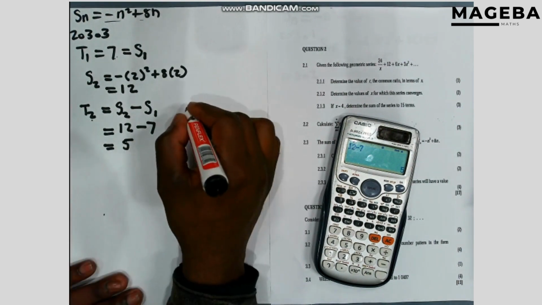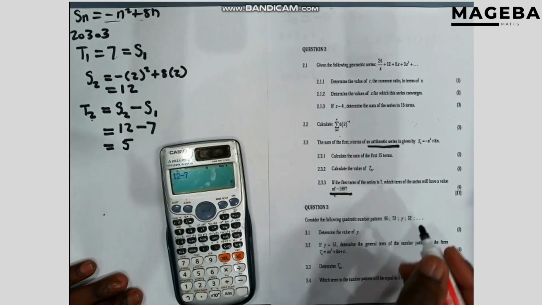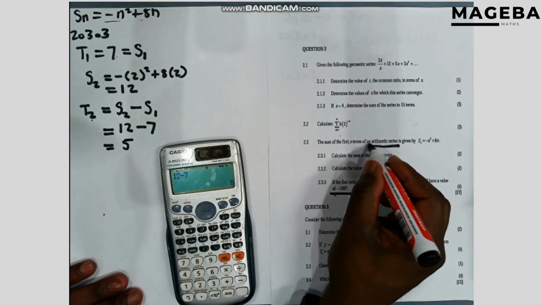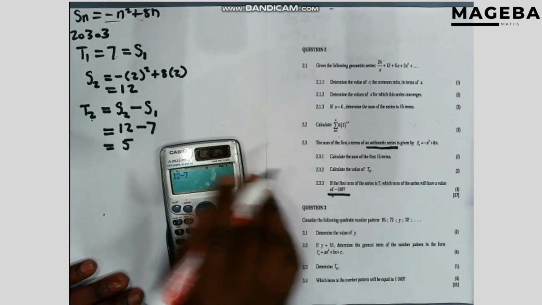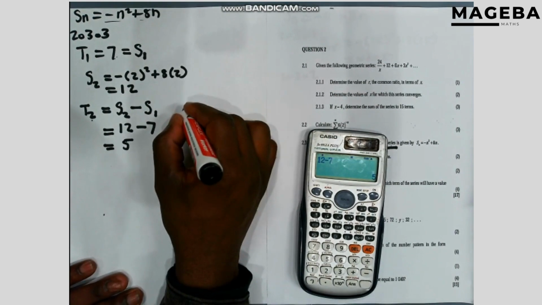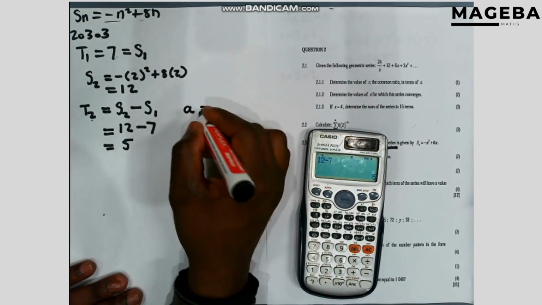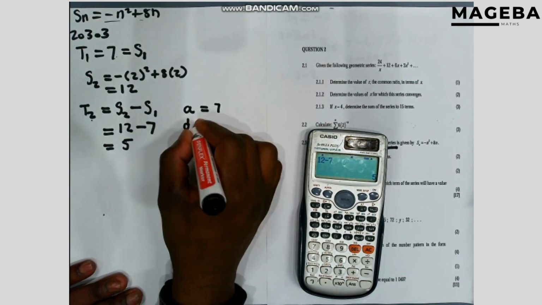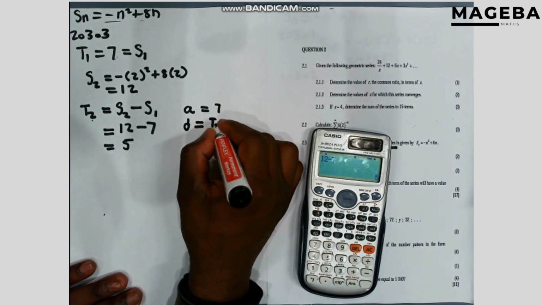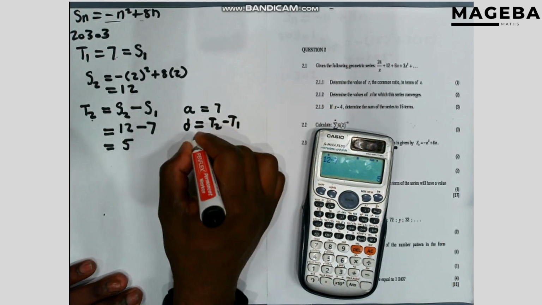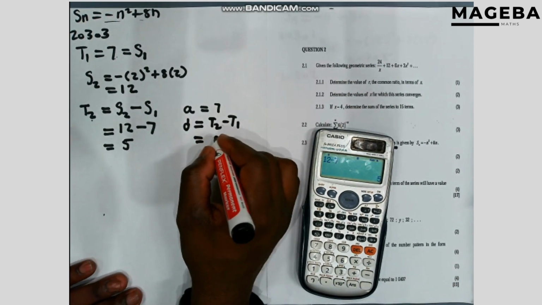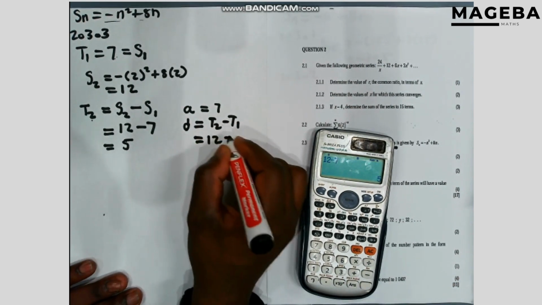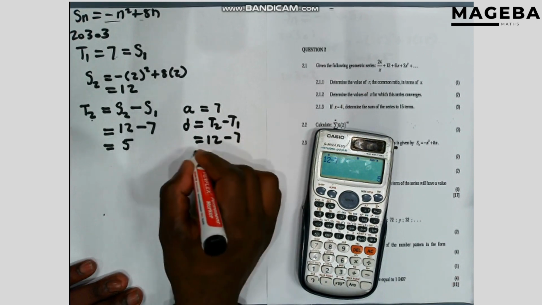Now remember, important, this is an arithmetic series. So for arithmetic, we need the first term, a, which is 7. We need d. How do you find d? d is t2 minus t1. What is t2? It's 5, sorry, t2 is 5, not 12. What is t1? 7.